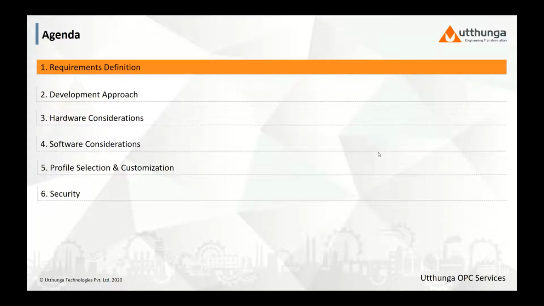So when you are going through these slides, keep both aspects in mind. Either you may be developing a brand new device, or you may be embedding an OPC UA server or application into your existing device.